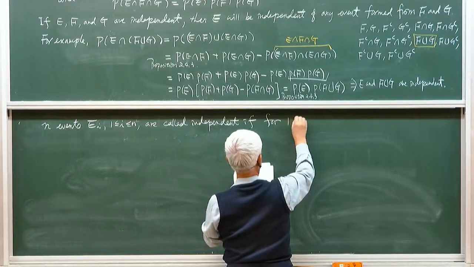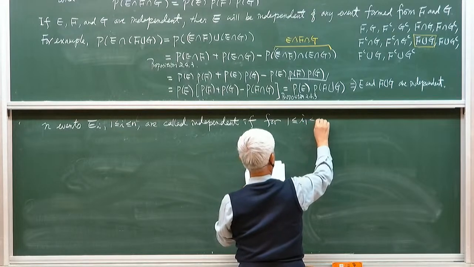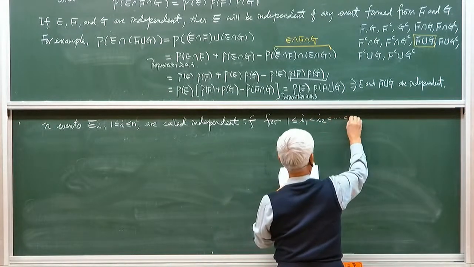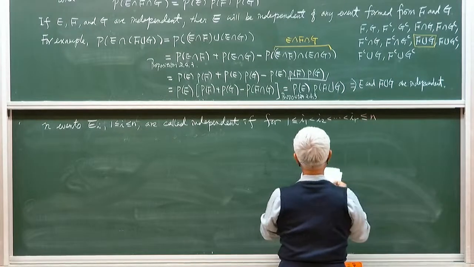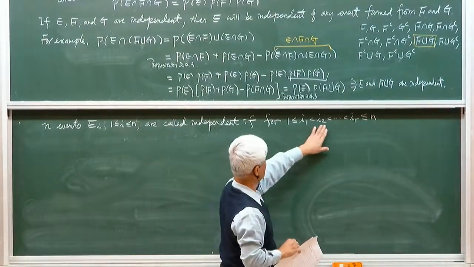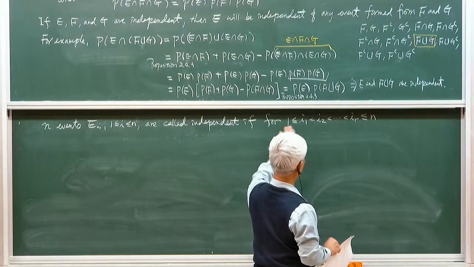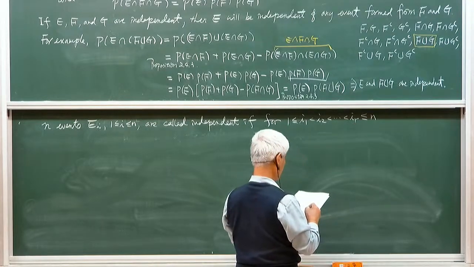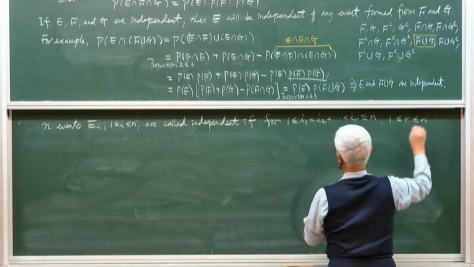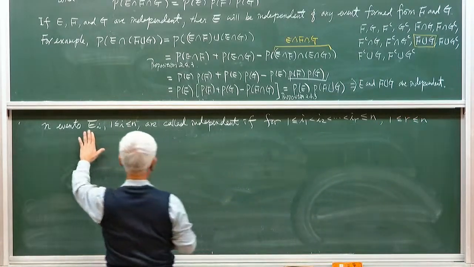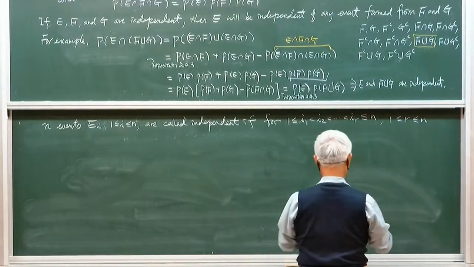if we take r indices, and these indices will be different, so we say i1, i2, up to ir, in between 1 and n. So we have n events, but we take r events from them.